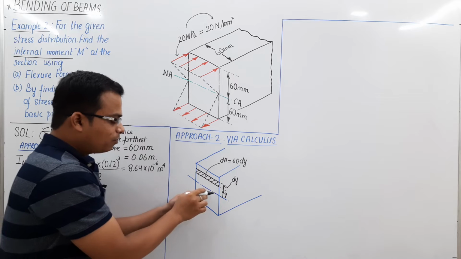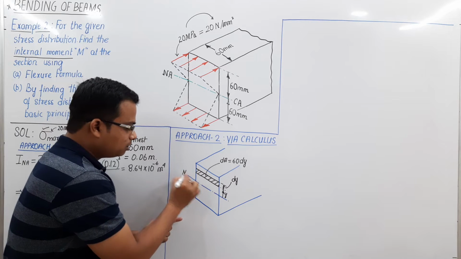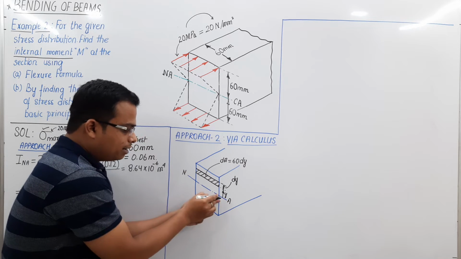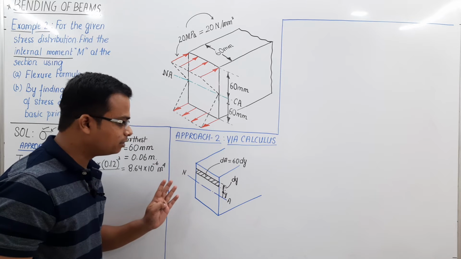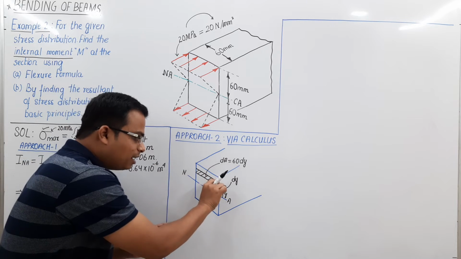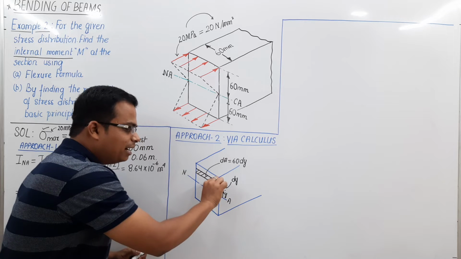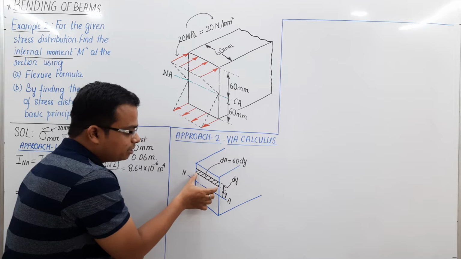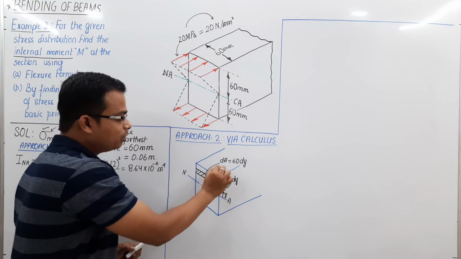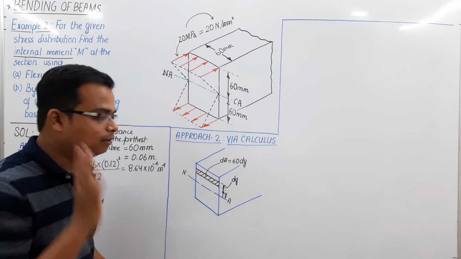Once again, with respect to the neutral axis, at a distance of y, I have taken a very small areal element. This small element has a thickness of dy, so that dy multiplied by this distance, which is equal to 60 millimeters, will give you the area of this very small element.